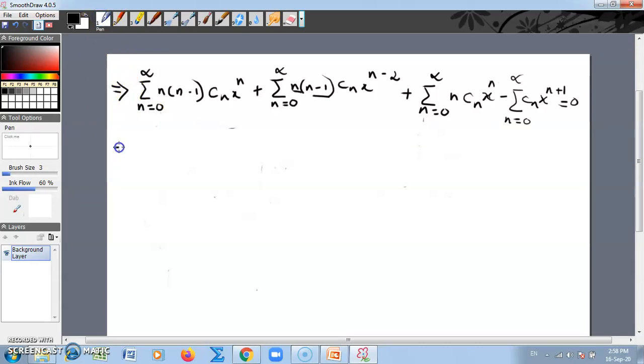That implies n goes from 2 to infinity, (n minus 1) Cn x to the power n, plus again the second term we can write in the same manner, from 2 to infinity, n minus 1 Cn.